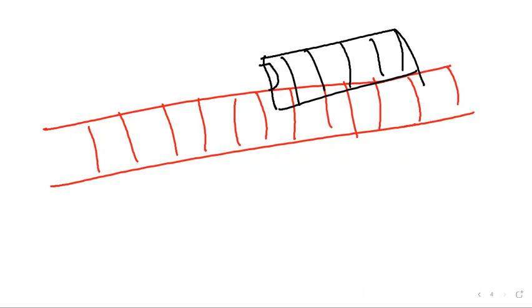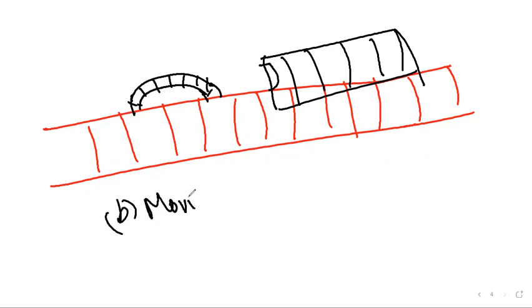Instead of a pole or a man, we will be provided with a bridge. So here the train is going to cross the bridge. This is the second case.